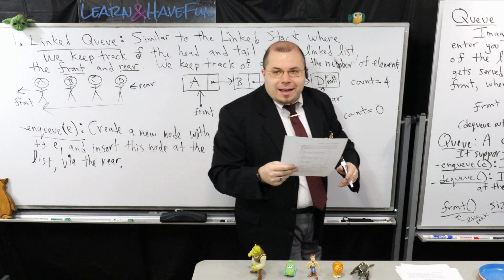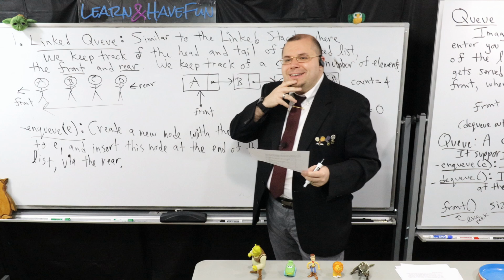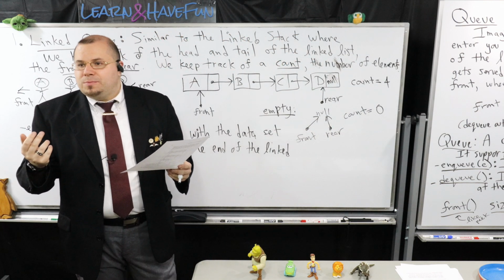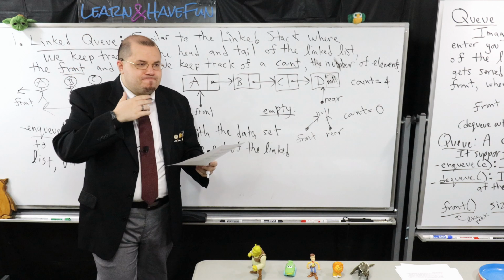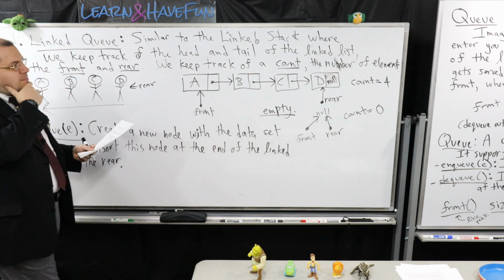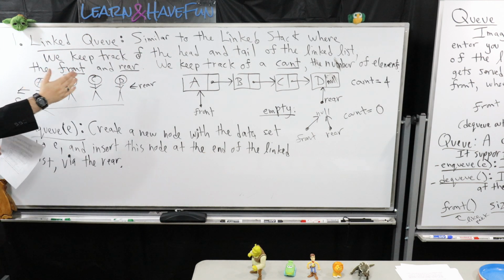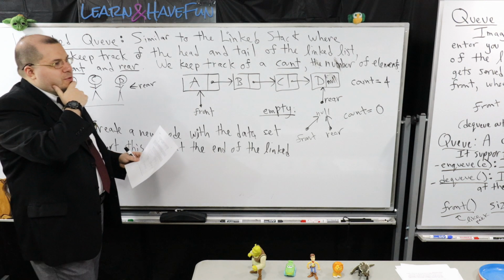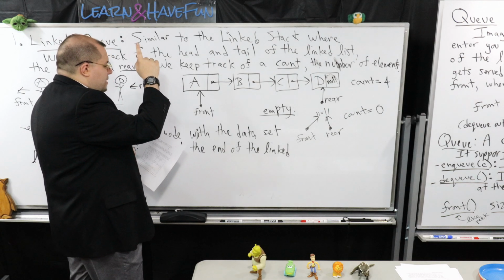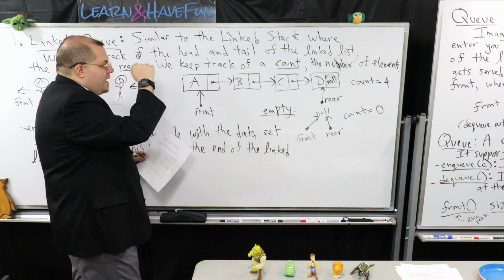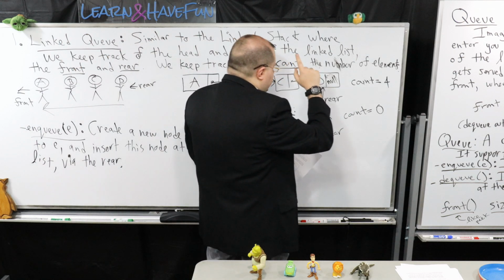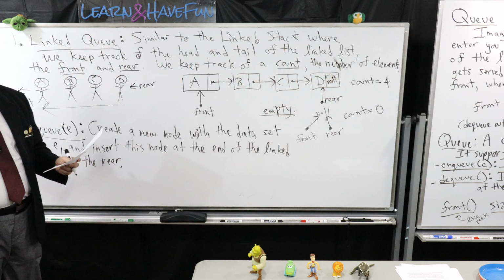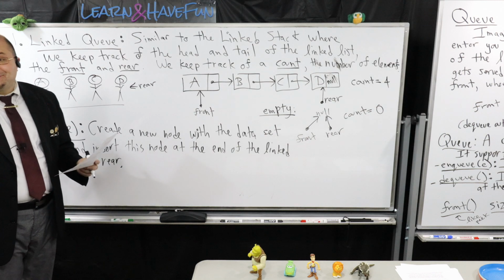Now, one thing. Question, is there a reason you NQ and DQ in those specific ends? If you swap them, would it still work in the same way? The thing is, with the queue, we're trying to represent this process. If I were to insert at the front and then remove from the rear, I would have to be very mindful of what exactly I would like to return each time.